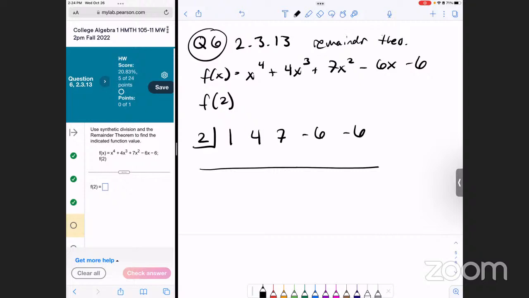So then we just do our synthetic division. 2, 4 and 2 is 6, 12, 19, 38, 30, 2, 64, 50, 58, right? Okay. So that means that f of 2 should be 58. Let's go with 58.